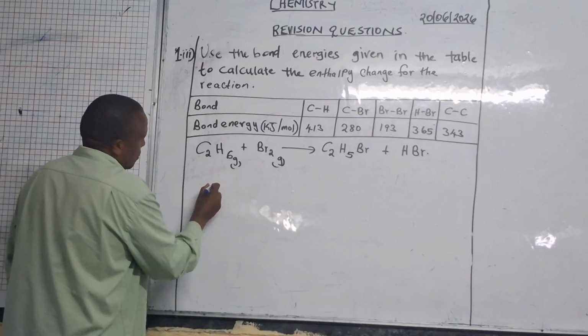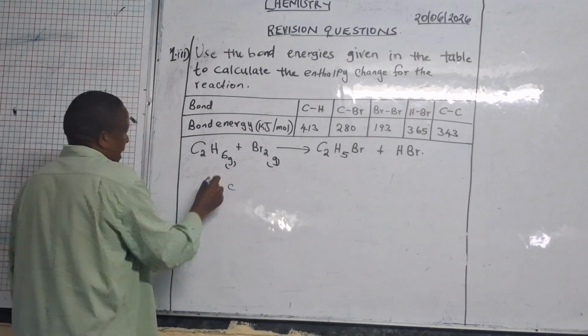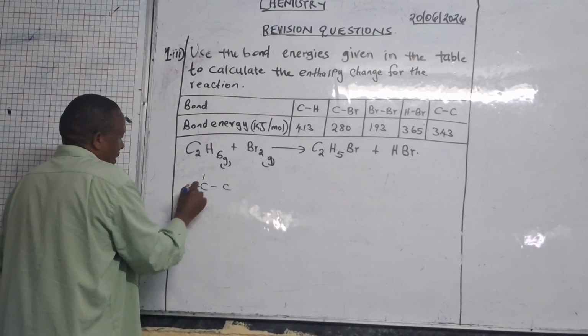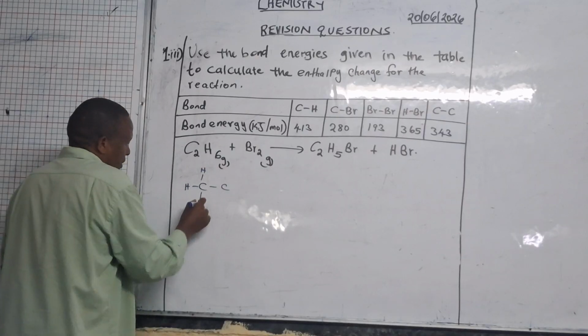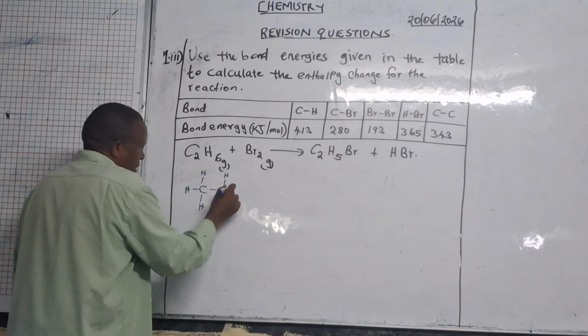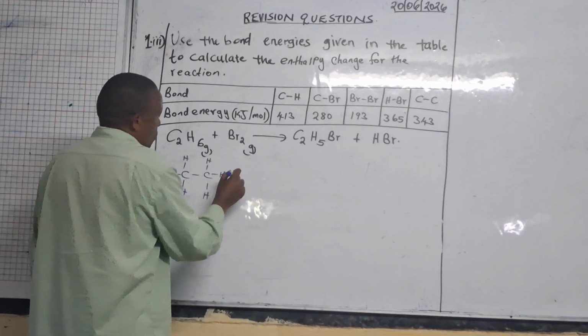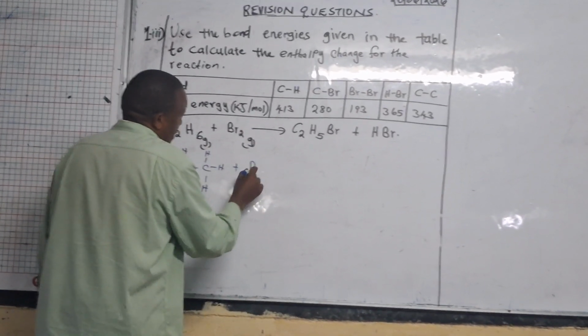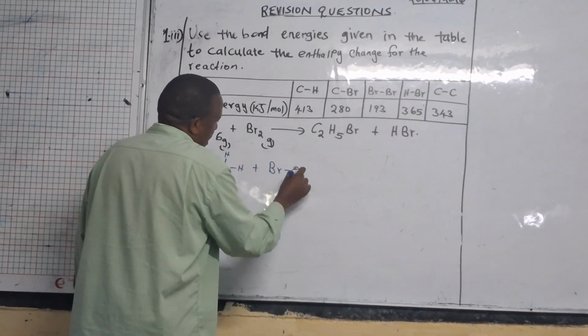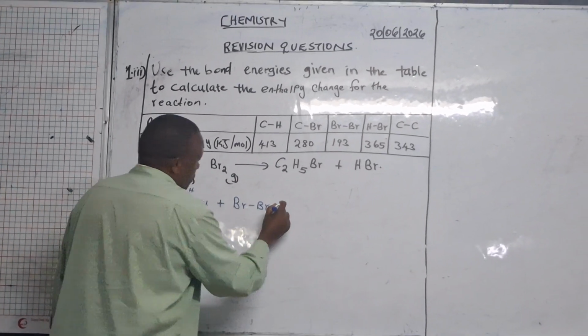Now we draw the open structure. 2 carbon atoms, 1, 2. And then 6 hydrogen. So like this. This is hydrogen, hydrogen, hydrogen, hydrogen, hydrogen, hydrogen. Okay? Now, plus bromine. So bromine we write Br, Br. Okay? Now, what do we form?